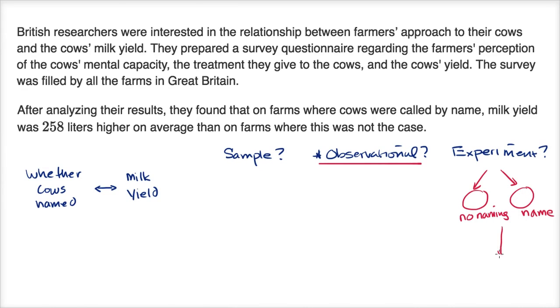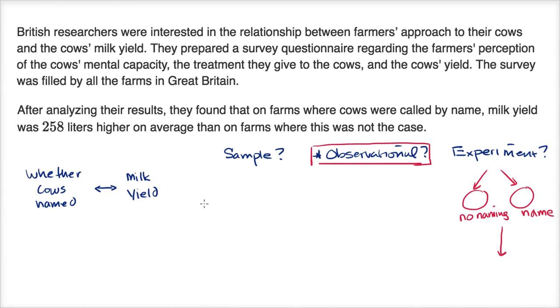And then we would wait some period of time, six months, a year, and then we would see the average milk production after either not naming or naming the cows. So that's not what occurred here. Here we just gave the survey to everybody and asked them this question, and we were able to find this connection between whether the cows were named and the actual milk yield. So clearly not an experiment. This was an observational study.